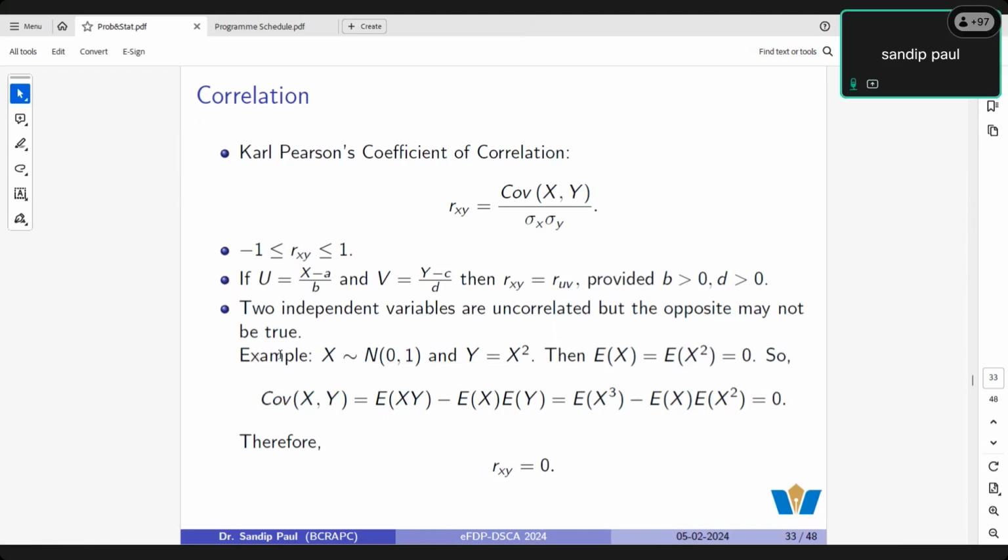But if they are independent, the correlation coefficient is always 0. So what I want to say is, if two random variables are independent, the correlation coefficient is always 0. But in the case of dependent data, the correlation coefficient may be 0.